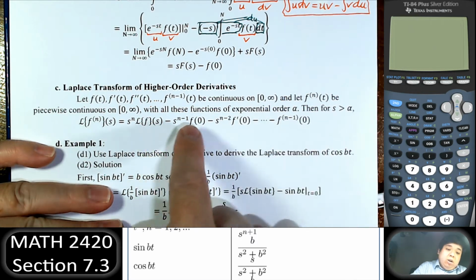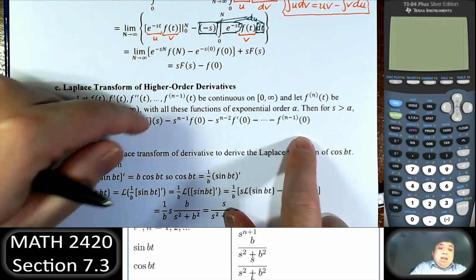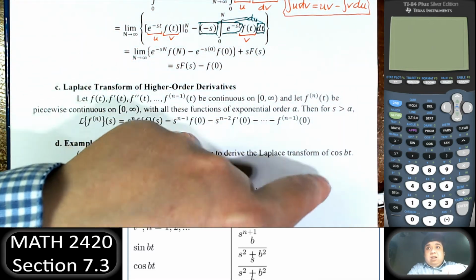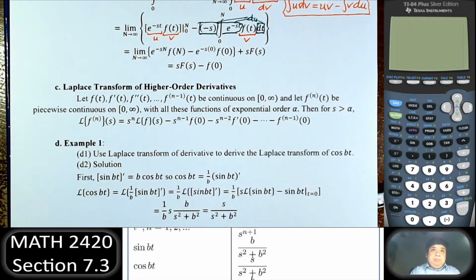So the order of derivative increases as the degree of s decreases. Right. We'll see that in the next few examples, and we use a lot of that when we solve differential equations. Because bottom line is we learn Laplace transform to help us solve differential equations.